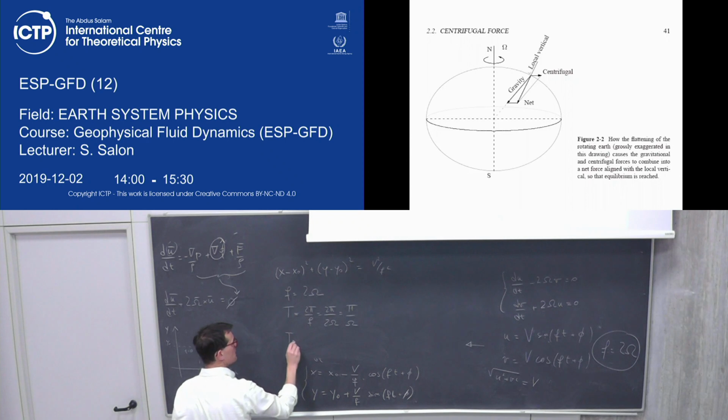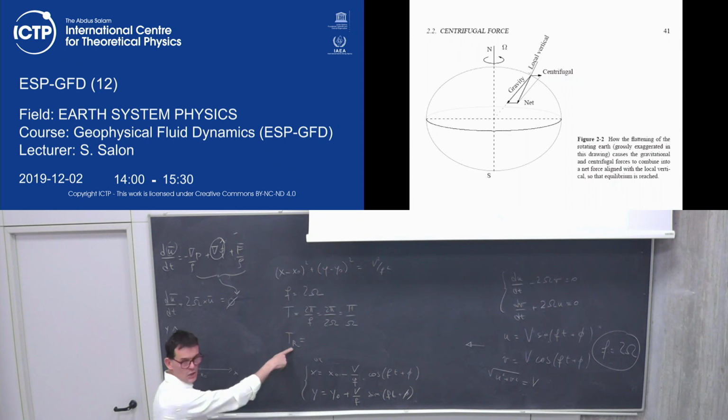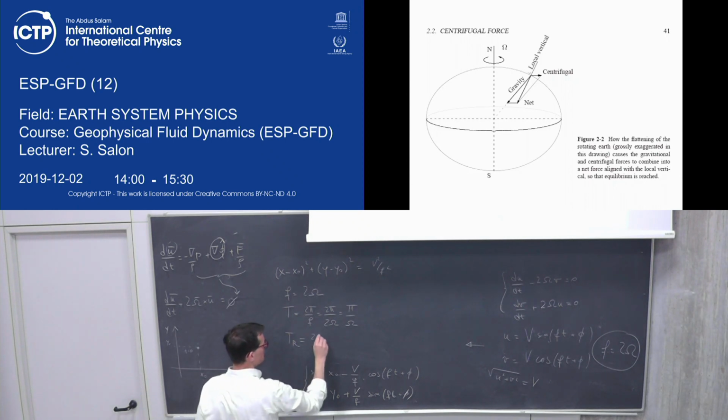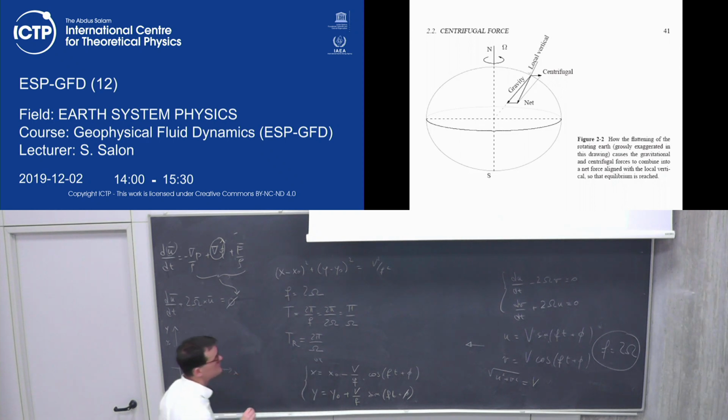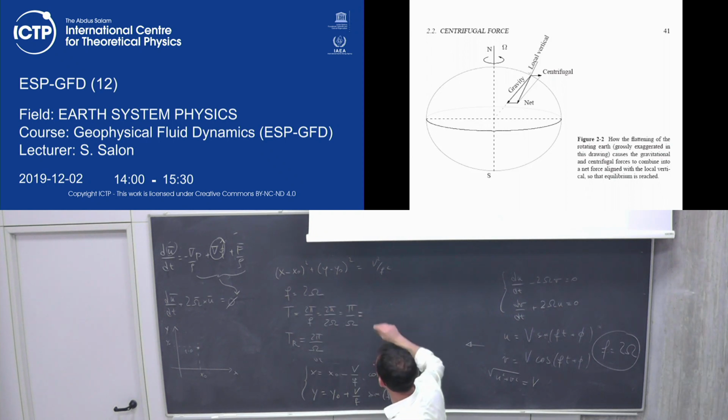While the period of rotation of my system is 2 pi over omega. So it means that the period of this circular motion is T_R over 2. Okay?